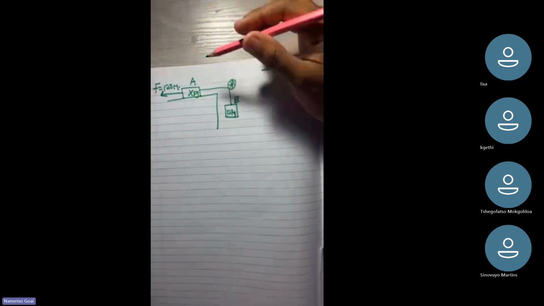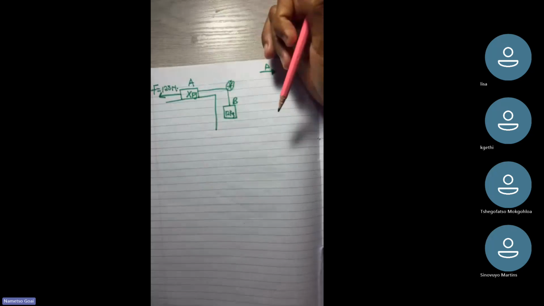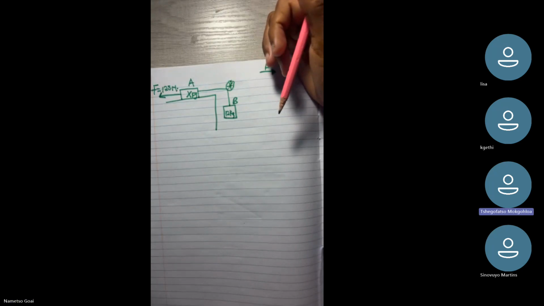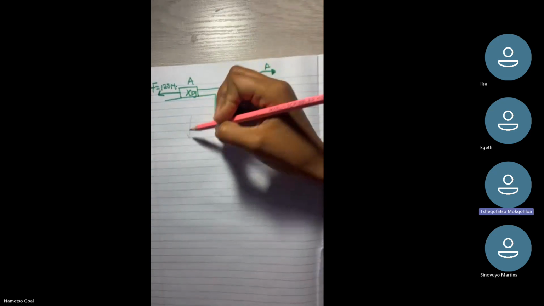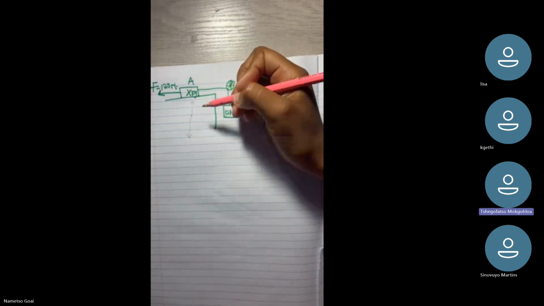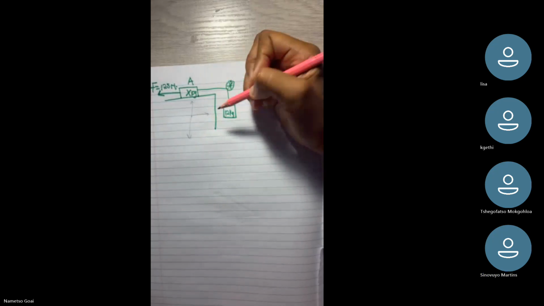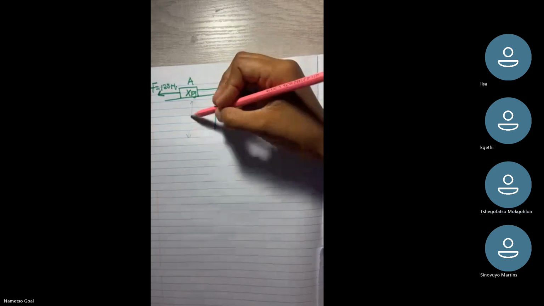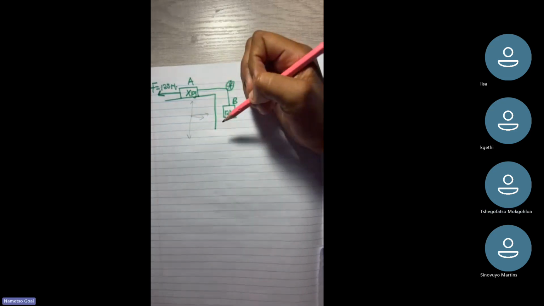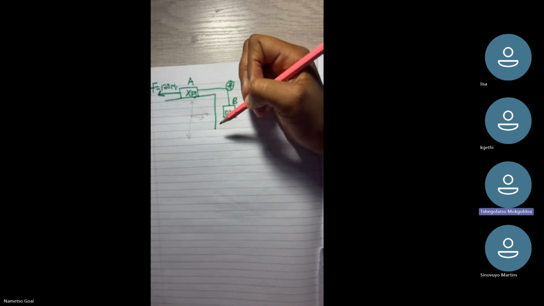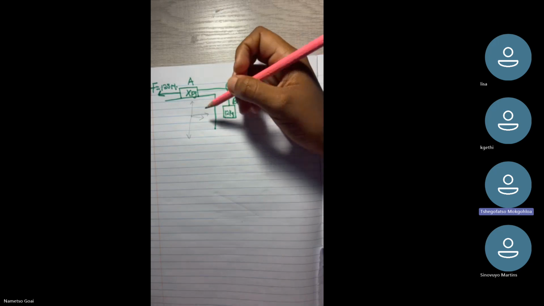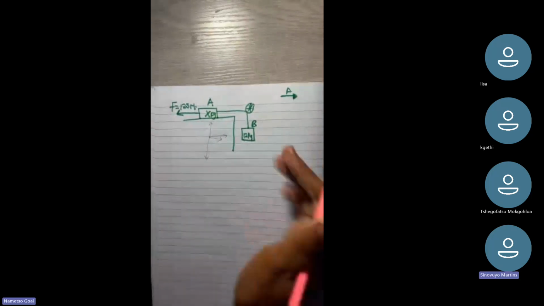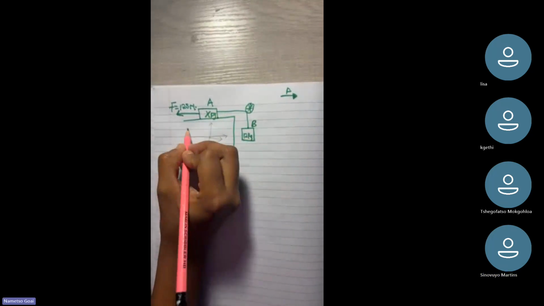You could just tell me all the forces acting on block A. There's FG, there's normal force, tension, frictional force FK, and force applied, FA.